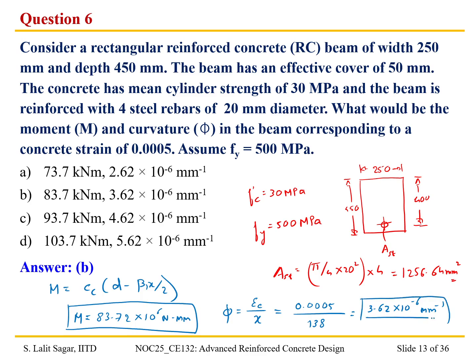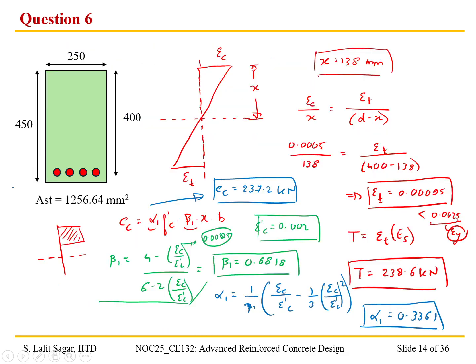Why is the unit per millimeter? Because the strain is dimensionless and the unit of x is millimeter. So we have the moment capacity as 84 kilonewton meter and the curvature as 3.62 into 10 to the power minus 6 per millimeter. So option B is the correct response. We'll proceed to the next question now.